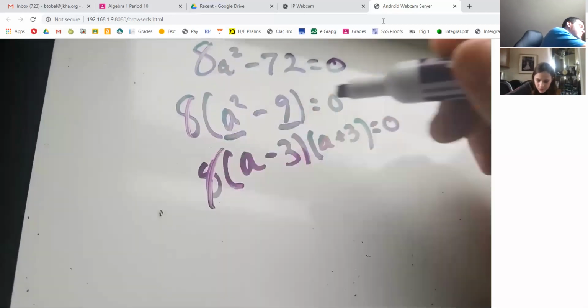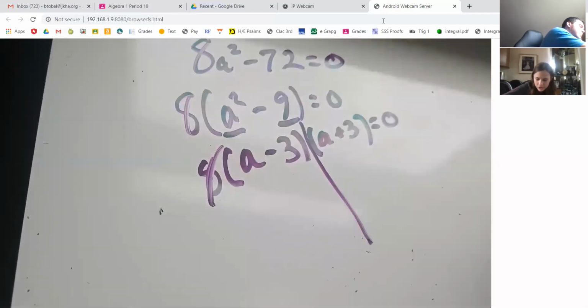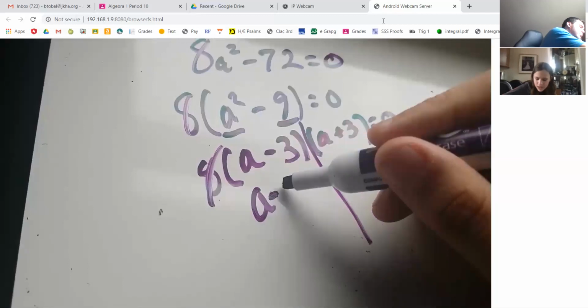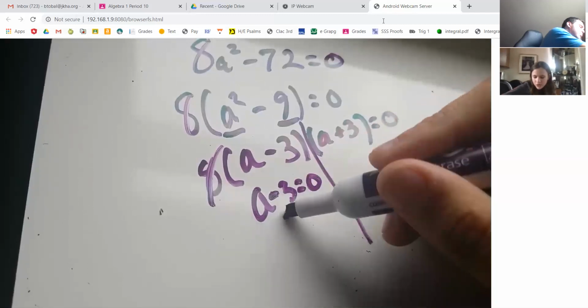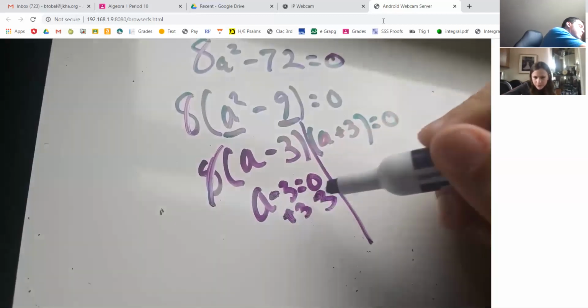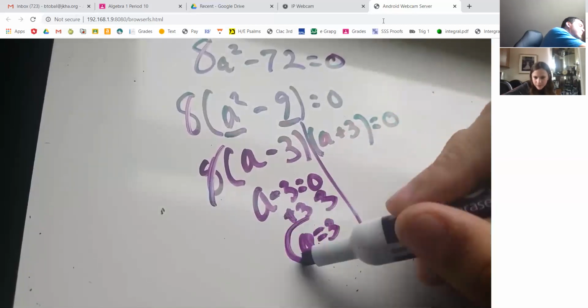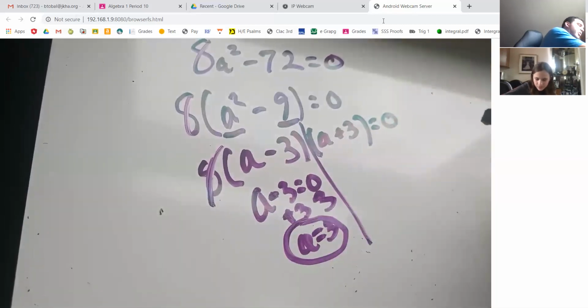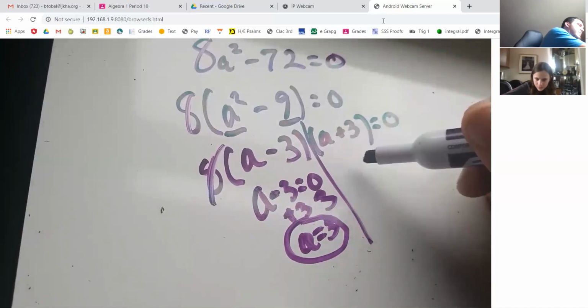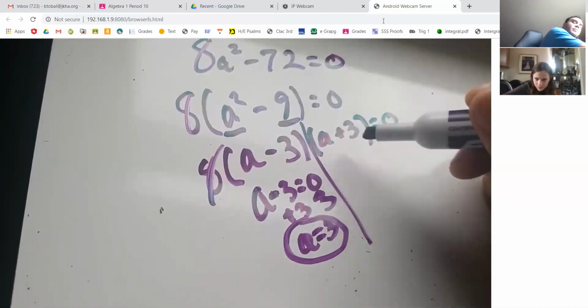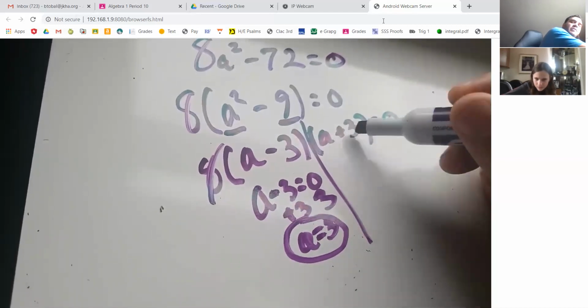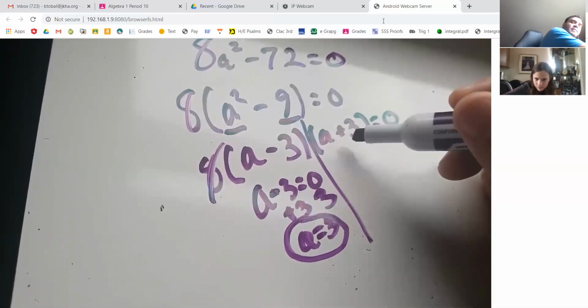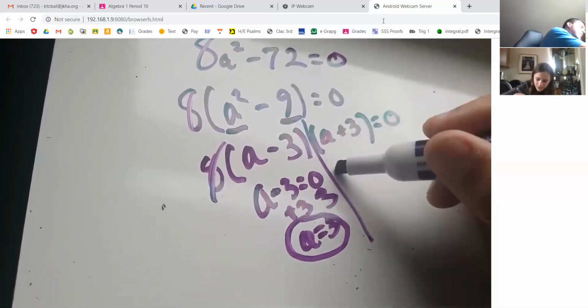Good. So a minus 3 equals 0. So plus 3, a equals 3. Good. Anything else? That's it. No. What else? This guy too, a plus 3. Oh, right. Forgot about that one.